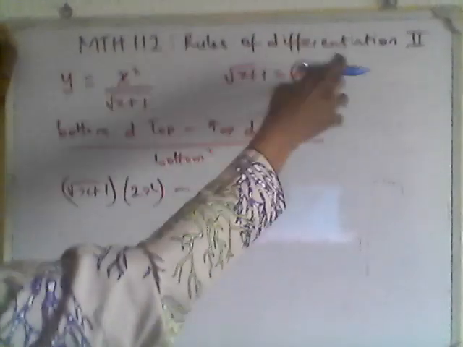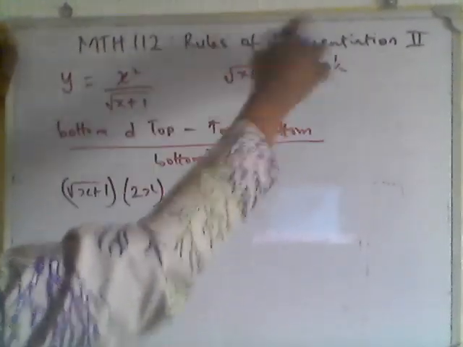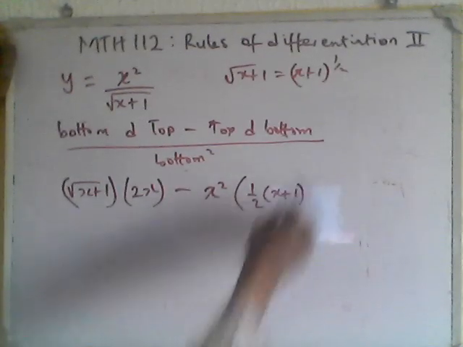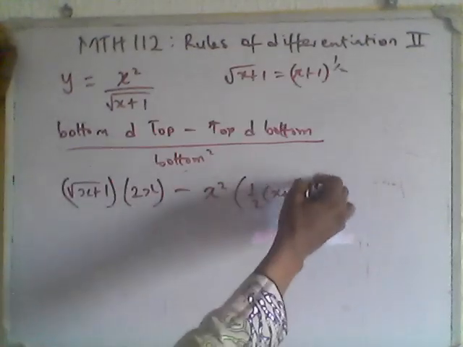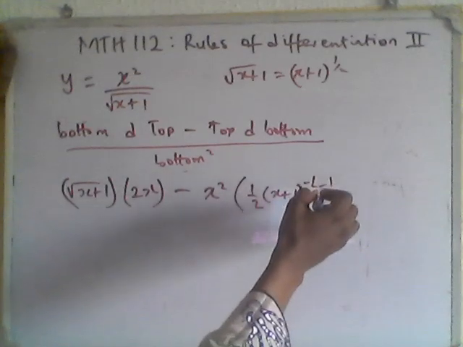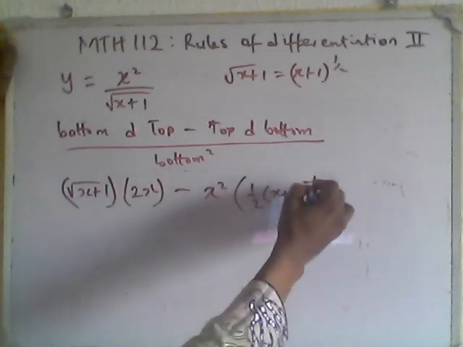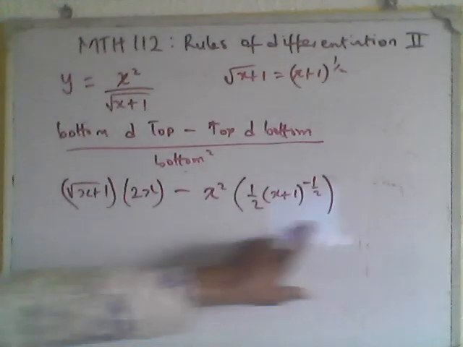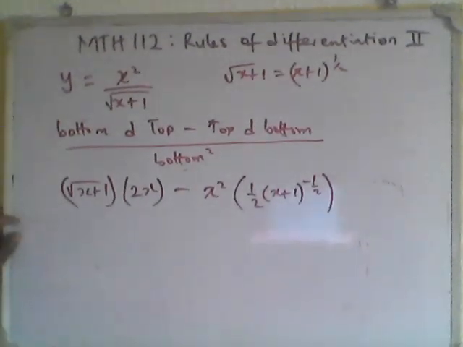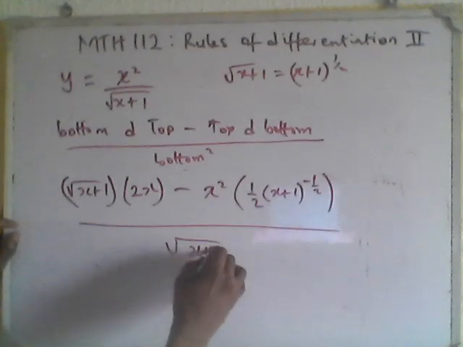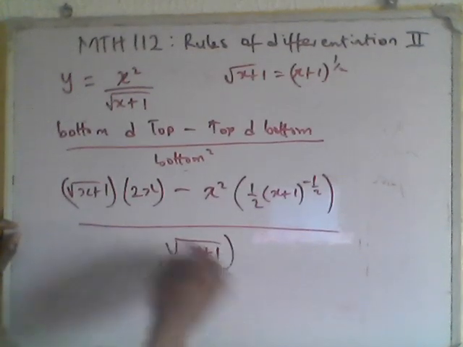So the differential of this one is 1 over 2 comes down, then x plus 1, then this power is reduced by 1, so 1 over 2 minus 1 is minus 1 over 2, right? So this is the differential for this one. Okay, all over bottom square.